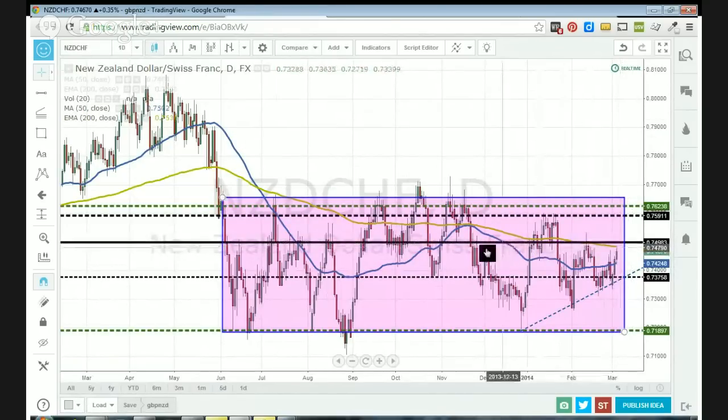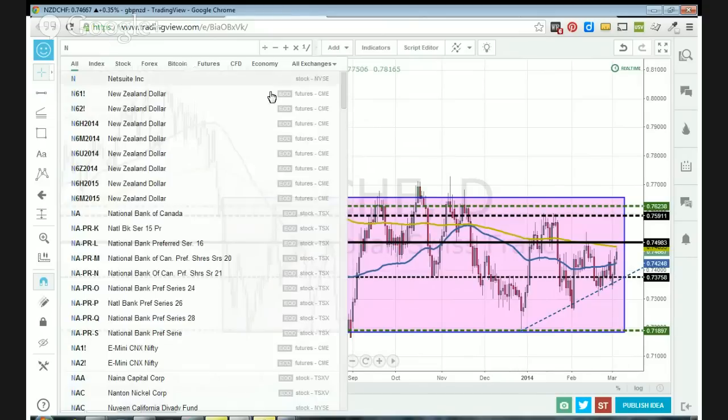We have a resistance level here, established here, established here. But ultimately I like the technicals much better on Euro Kiwi, just the pattern, and that probably is just a subjective opinion. So I'll pass on Kiwi Swiss. I don't really like this opportunity too much, especially that pattern of lower highs, and because I like the pattern on Euro Kiwi much better.